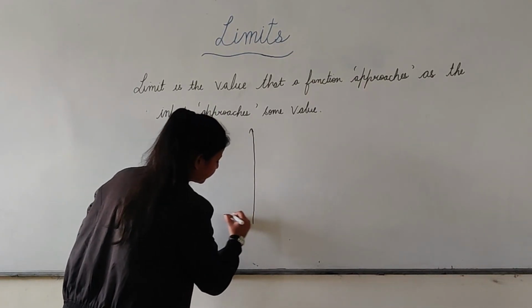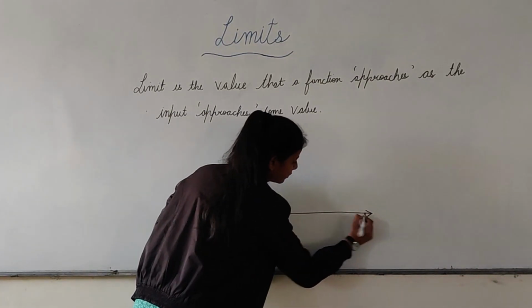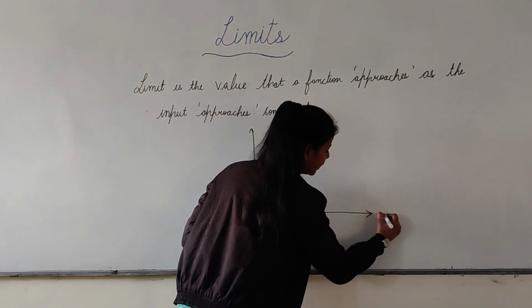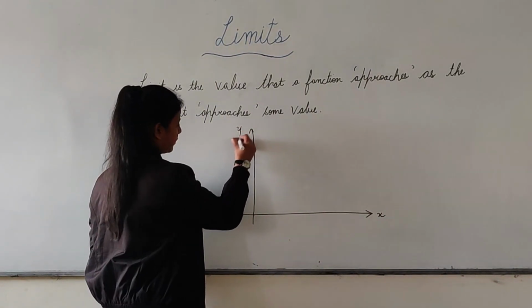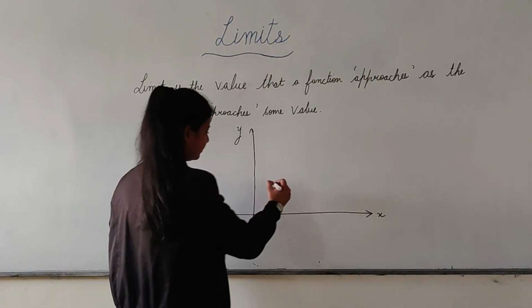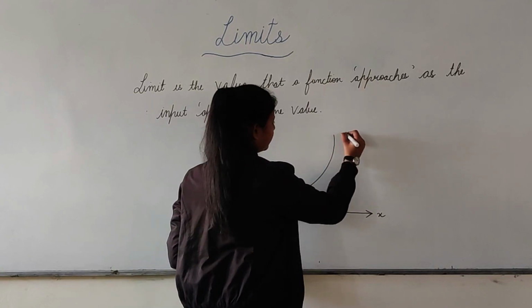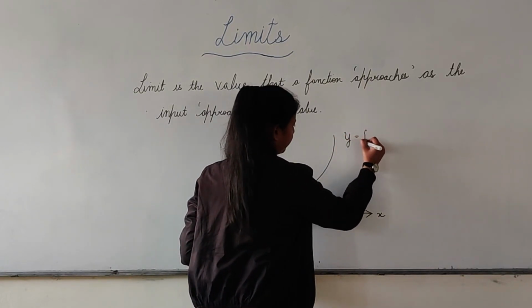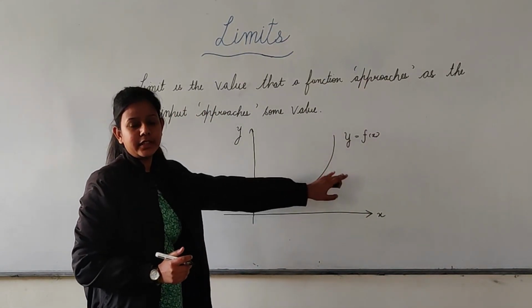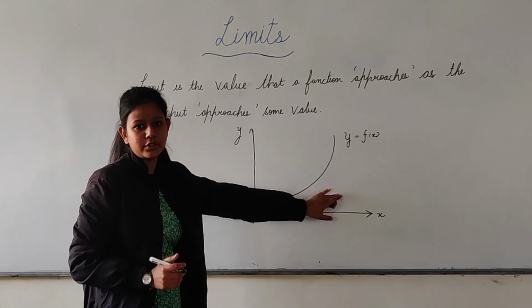Let's draw the graph here. This is our xy plane. Let's take a random curve y equals to f(x). Now we will study the neighborhood of x equals to a.